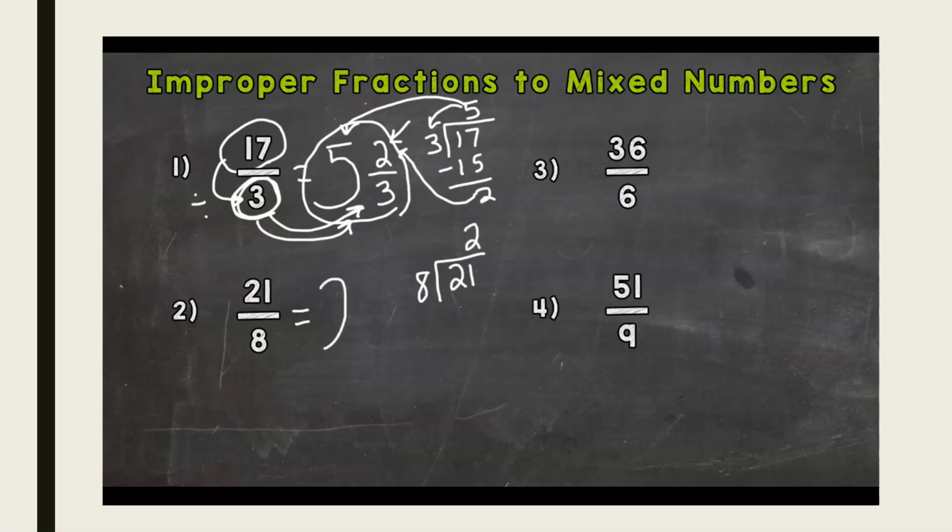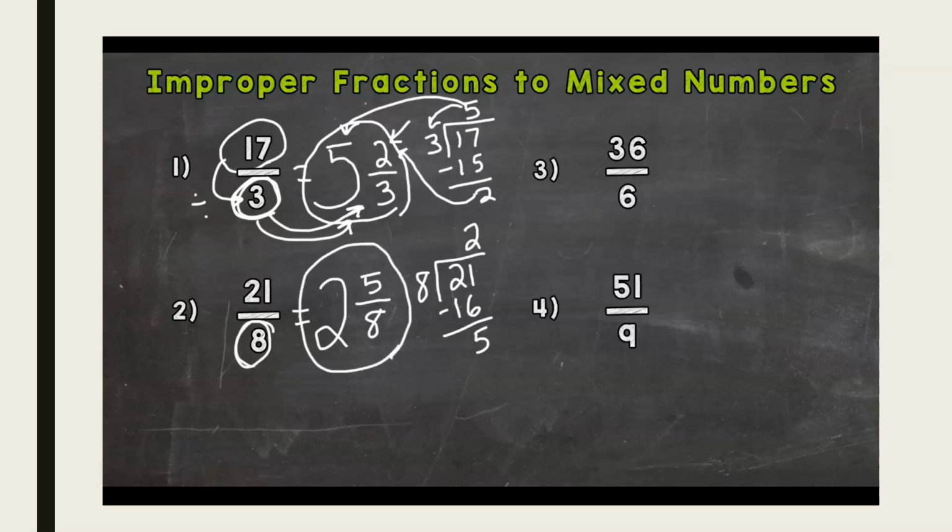So that's our whole number part of our mixed number. 2 times 8 is 16. We subtract, and we get a remainder of 5. Remember, the remainder is our numerator portion of the fraction. And then we keep the denominator the same. So 2 and 5/8.